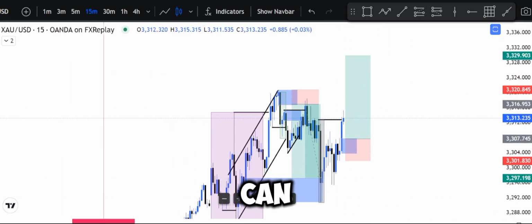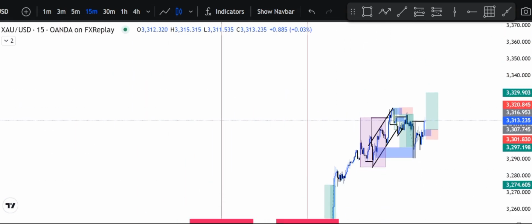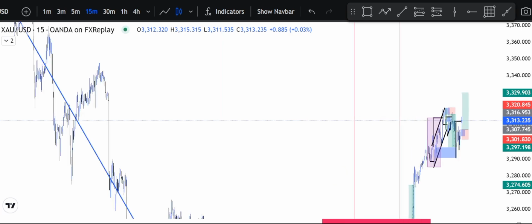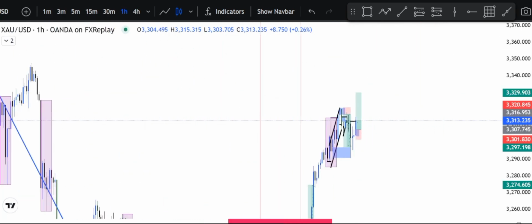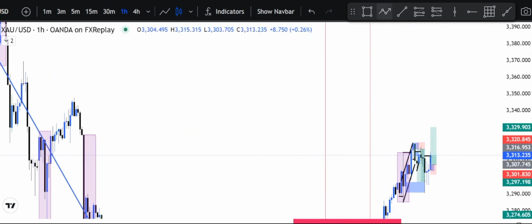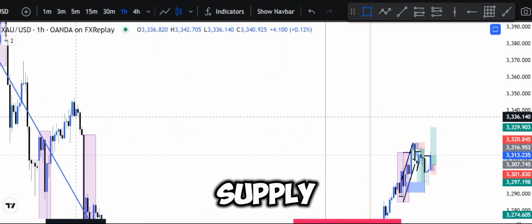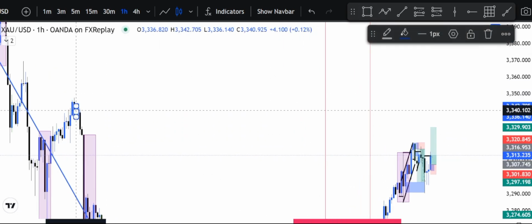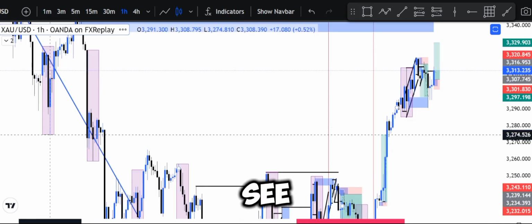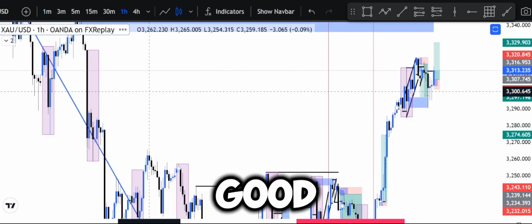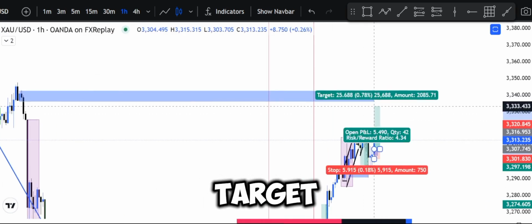Let's see where we can target. Maybe this supply might hold. Who knows? It has imbalance, break of structure. As you can see, it broke structure here. It has a good imbalance. Let's target here.